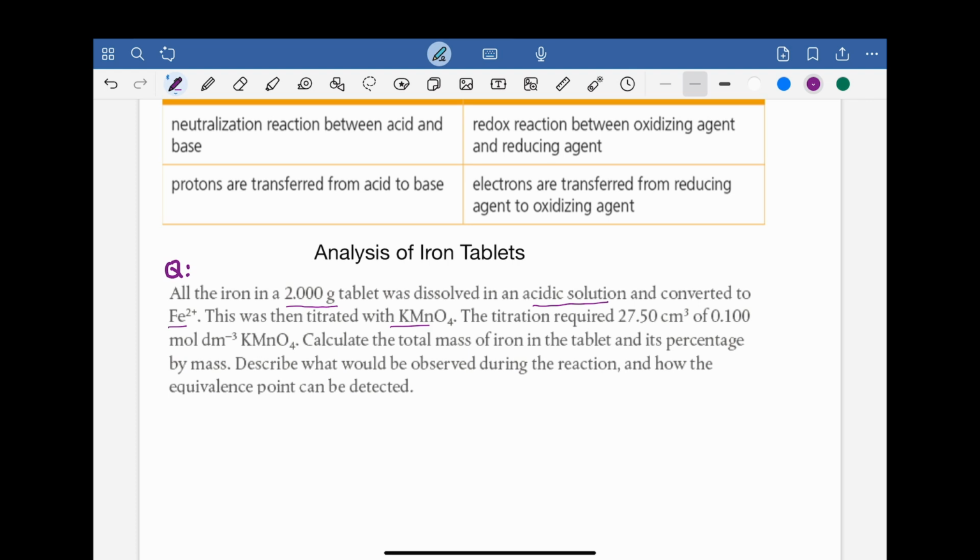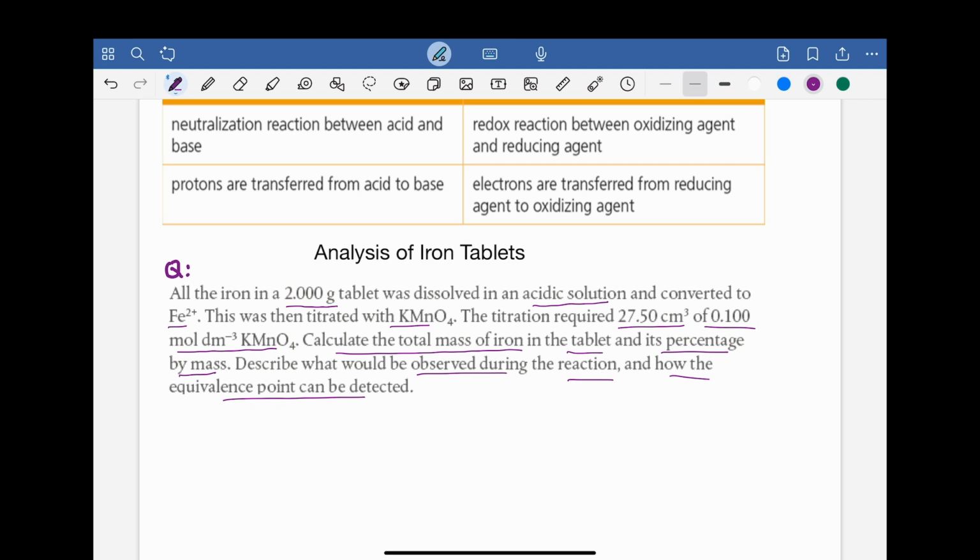The titration required 27.50 cm³ of 0.100 mol/dm³ KMnO₄. Calculate the mass of iron in the tablet and its percentage by mass. Describe what would be observed during the reaction and how the equivalence point can be detected.